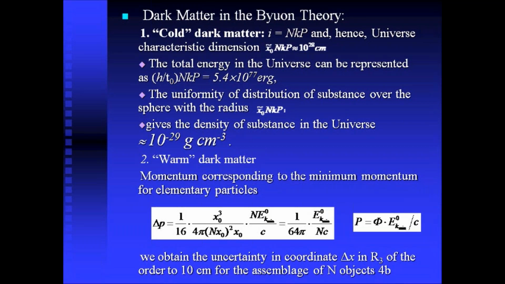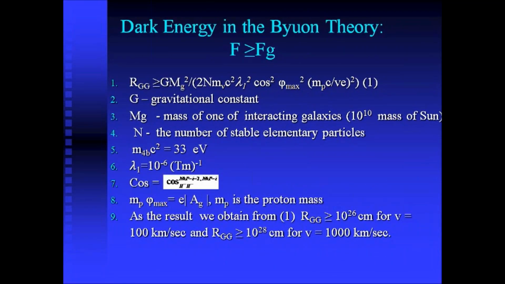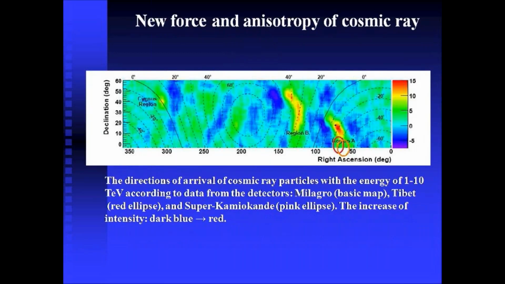Own energy of this object is equal to 33 electron volt. Theory of ions shows the nature of dark energy because gravitation potential has a negative value. And it decreases the summary potential, pushing out galaxies using the new force.